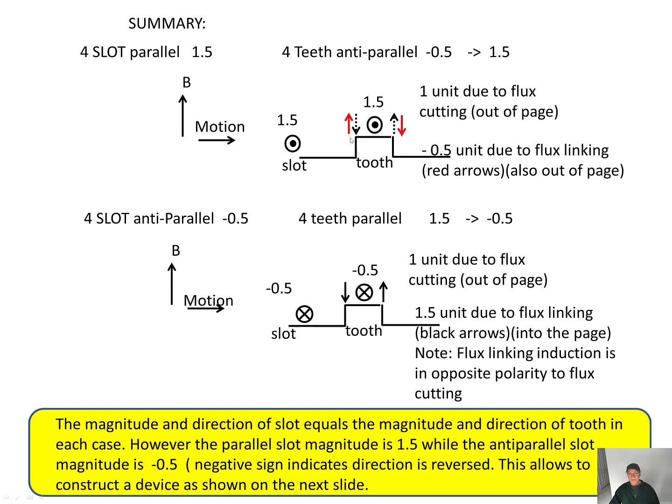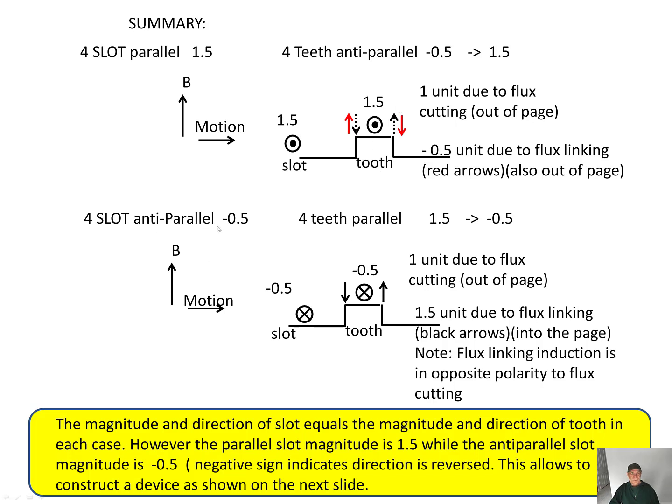If you look at the teeth, it's still the same as in a slot, because when the slots are parallel, the teeth will be anti-parallel, and the result will be 1.5. So 1 unit due to flux cutting out of the page, and 0.5 units due to flux leaking, red arrows, also out of the page. So the sum becomes 1.5.